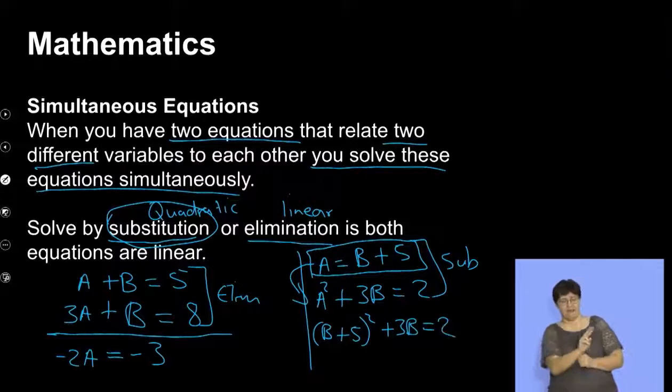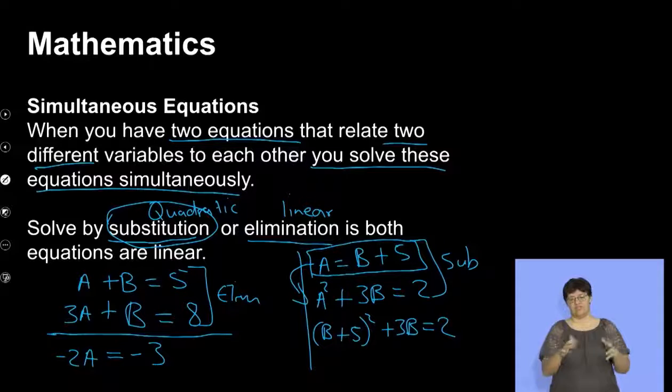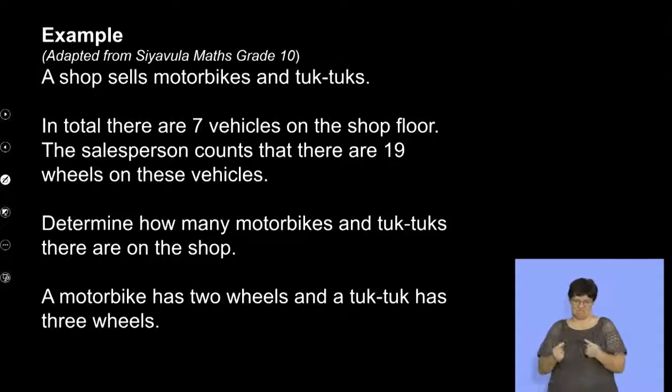So now you can see I have only one variable. These are the two methods that I'm talking about. But substitution, the great thing about it is you can use it even if the equation is linear. Elimination, only when it's linear. If it's quadratic, you really cannot use elimination.